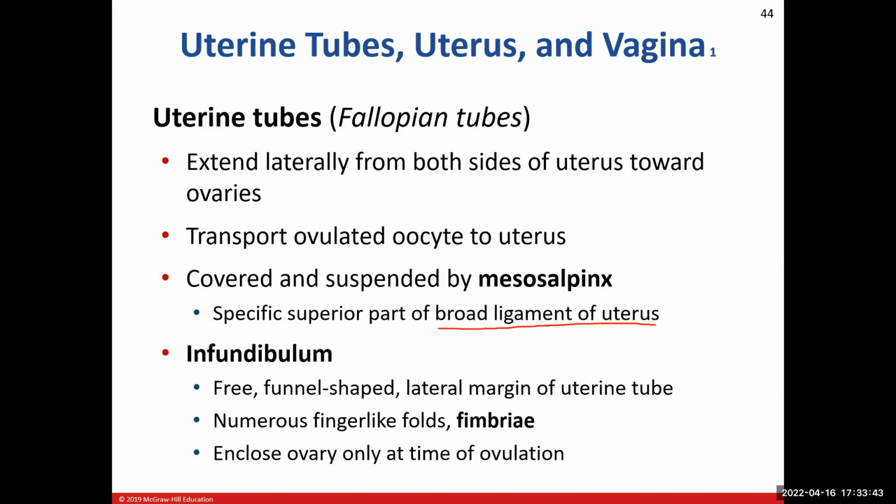When we're talking about the very first part of our fallopian or uterine tubes, we refer to that as the infundibulum. It looks like a funnel-like structure. At the end, we have structures called fimbriae, and they're like fingers coming off of your hand.